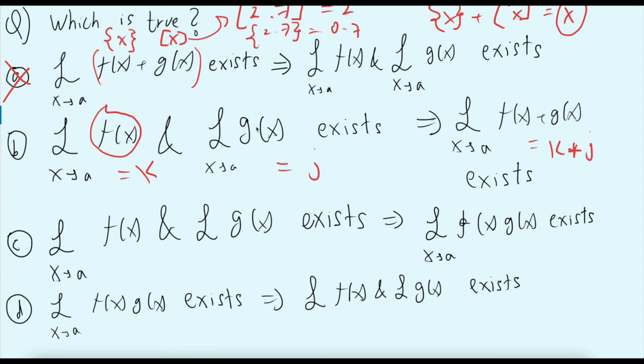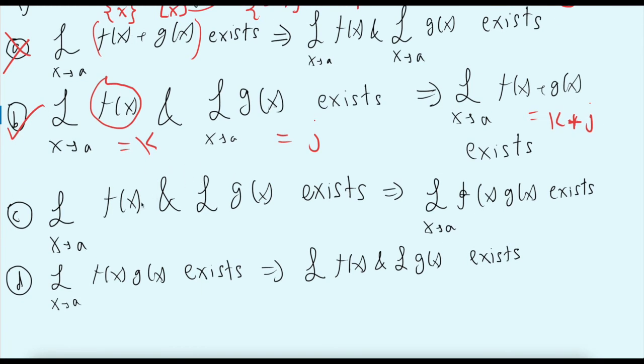Same thing goes for g of x. So f of x plus g of x has to be continuous from x minus delta x to x plus delta x for the limit to exist, and if it is continuous then the limit exists. So we can say that this is one correct answer.